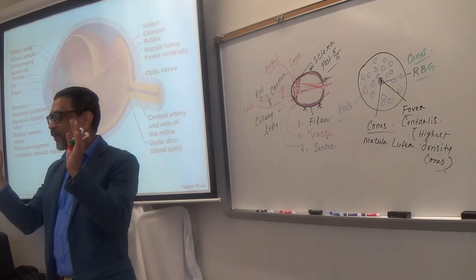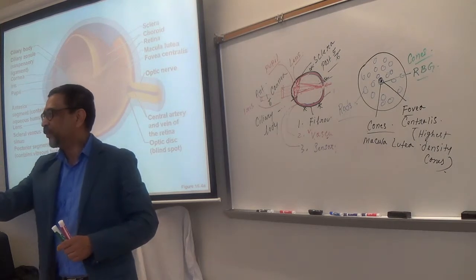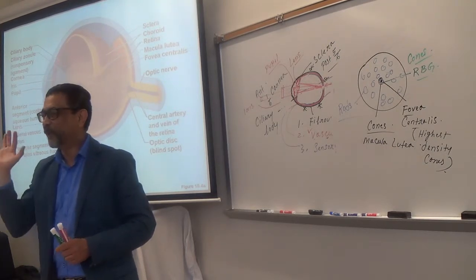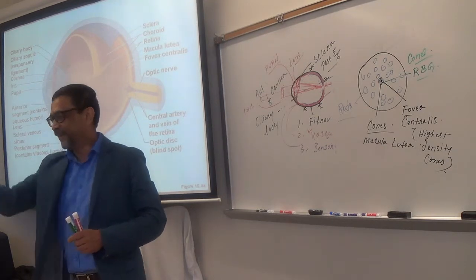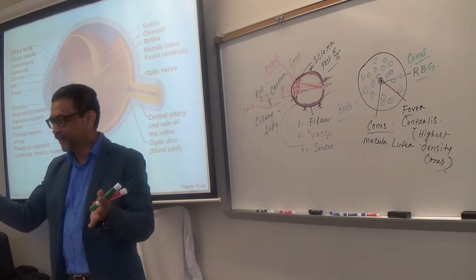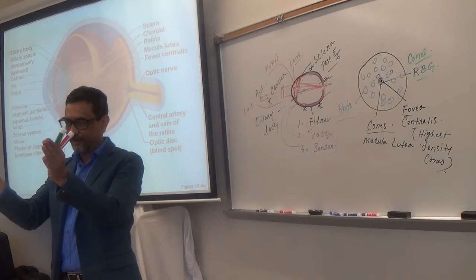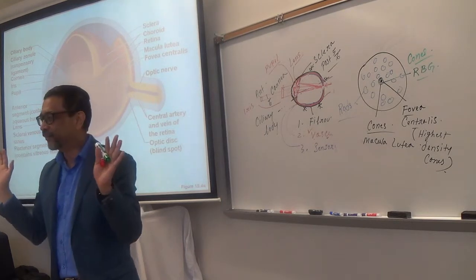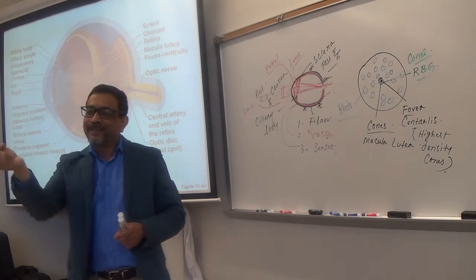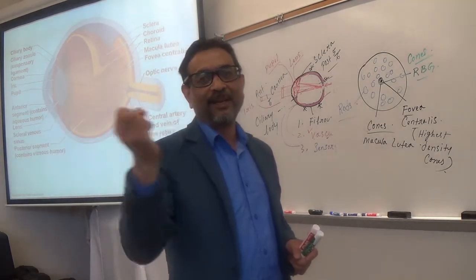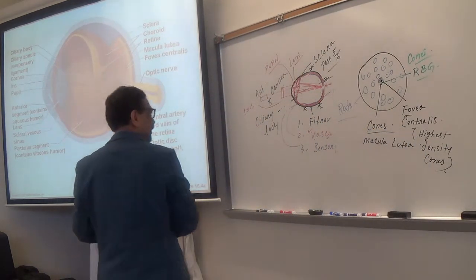Make sense? So some cones can absorb short wavelengths. Those are blue. Some cones absorb medium wavelengths, green, right? And some cones absorb long wavelengths, red. Make sense? Cones don't look red, green, blue. They can absorb different wavelengths of light.